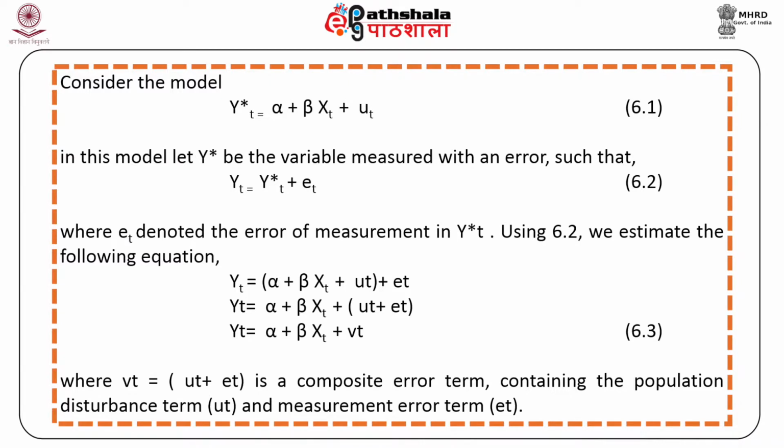Using the above, we estimate the following equation: y_t is equal to alpha plus beta x_t plus mu_t plus e_t, that is, y_t is equal to alpha plus beta x_t plus v_t, where v_t is equal to mu_t plus e_t, a composite error term containing the population disturbance term mu_t and measurement error term e_t.